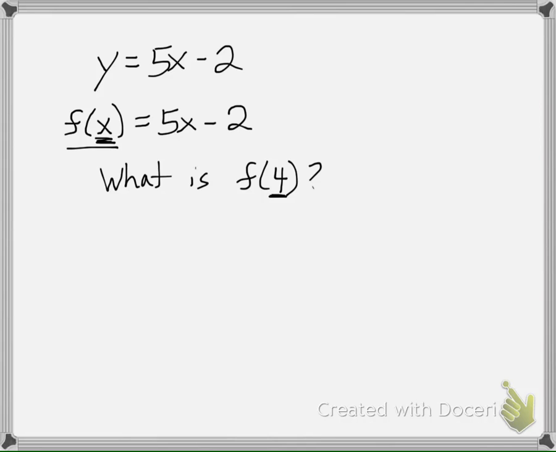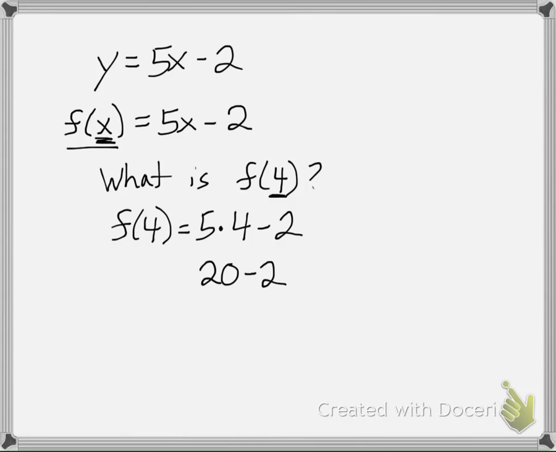So if f of x is 5x minus 2, then f of 4 is 5 times 4 minus 2, which gives me 20 minus 2, which is 18. So f of 4 would be 18. And again, all that means is that if I have the x value 4, the y value that corresponds with it would be 18.